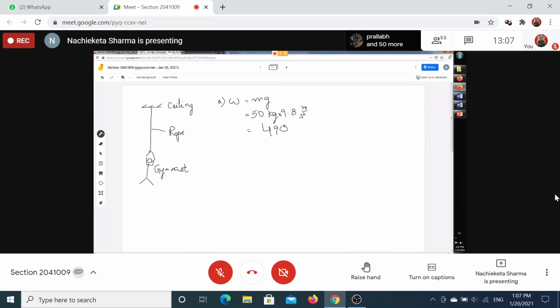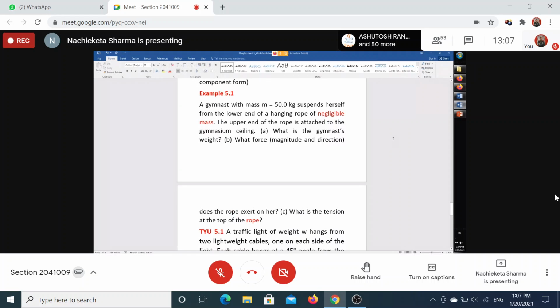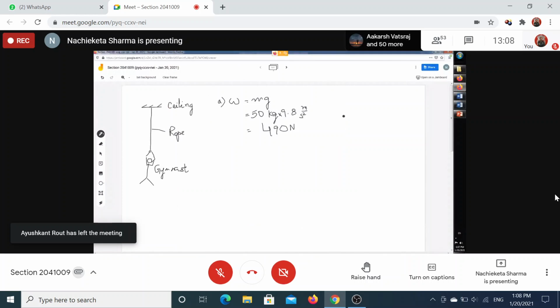So the weight of the gymnast is 490 Newton. Now, in order to answer the second question, what is the second question? What force does the rope exert on her? Because here the gymnast is important for us, because we want to find out the force that the rope is exerting on the gymnast, or that is what is called the tension in the rope.